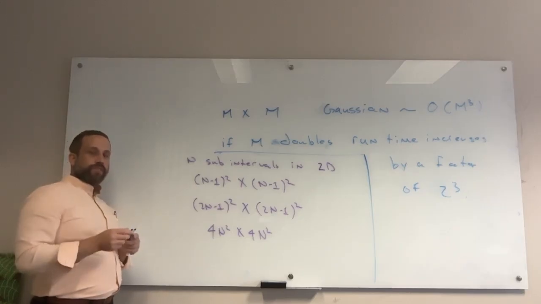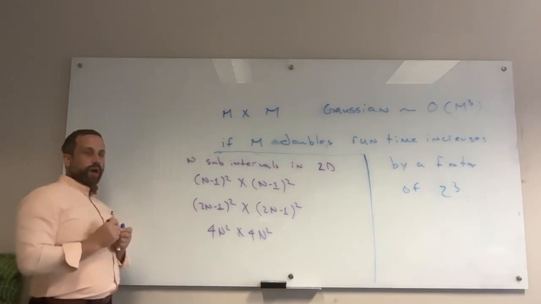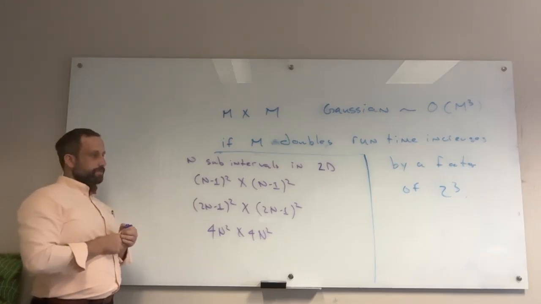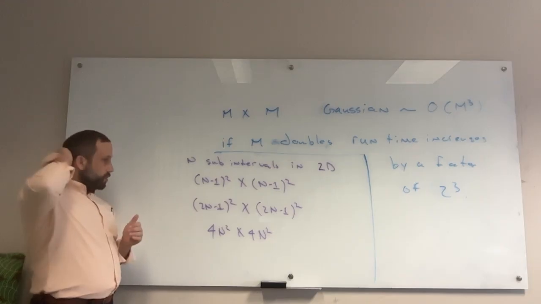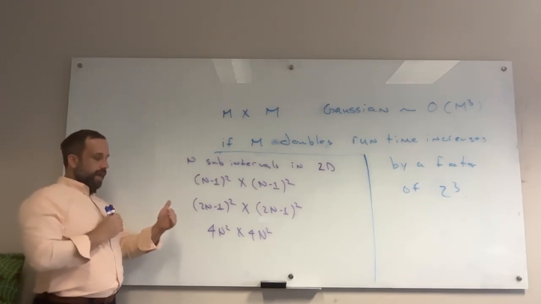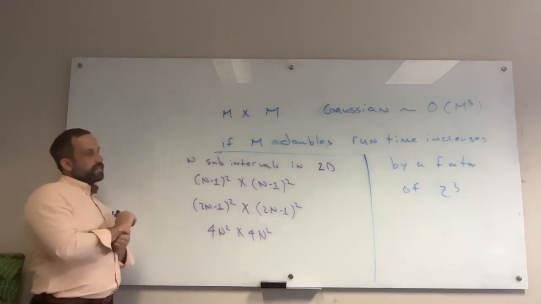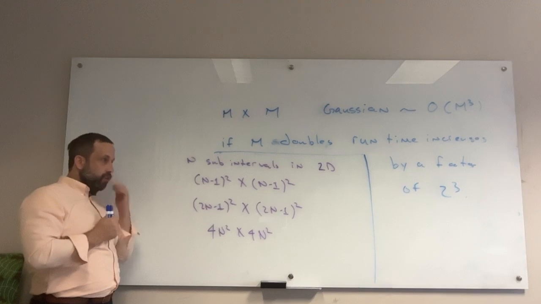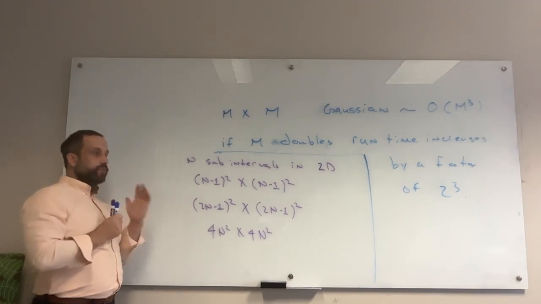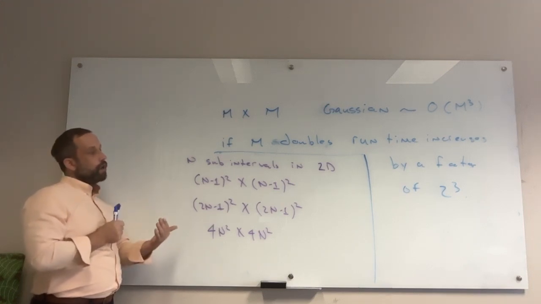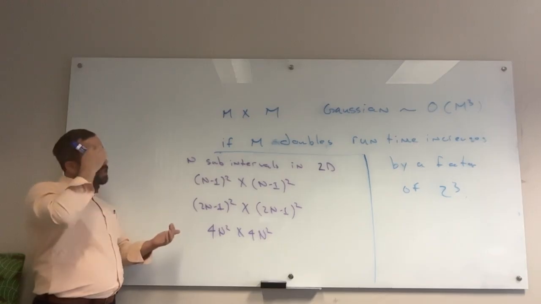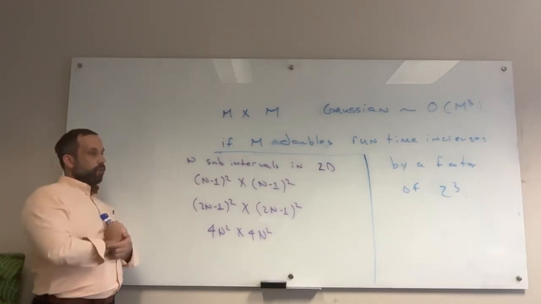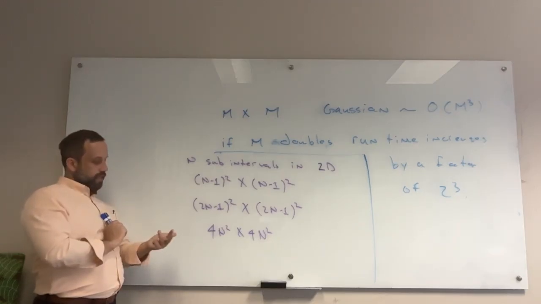So what this means is if we have a PDE that we want to discretize in 2 dimensions, and then we want to refine the mesh so that we have twice as many subintervals on the x-axis and the y-axis, the runtime is going to increase not by a factor of 2, not by a factor of 4, not by a factor of 8, but by a factor of 2 to the power of 6, which is 2, 4, 8, 16, 32, 64.